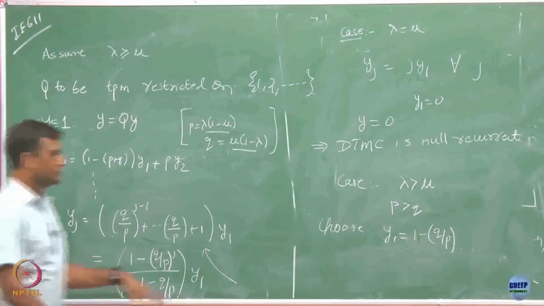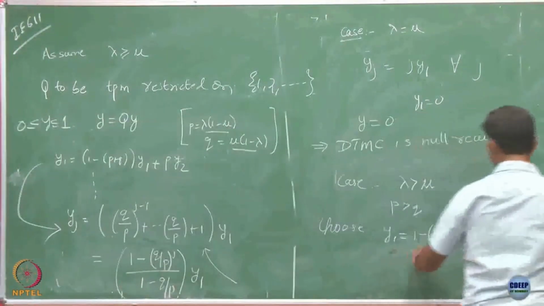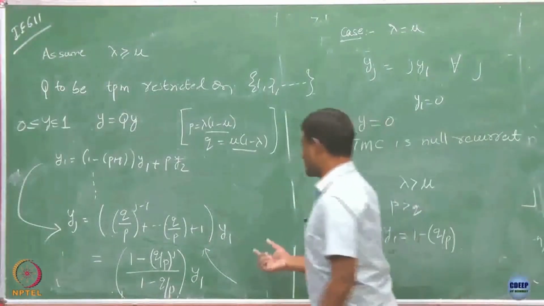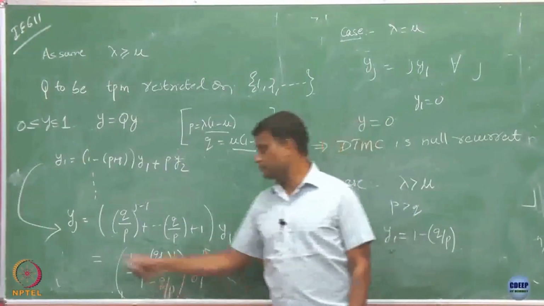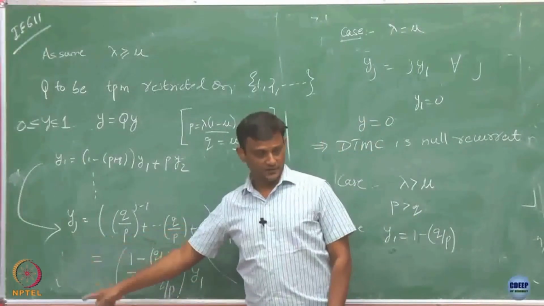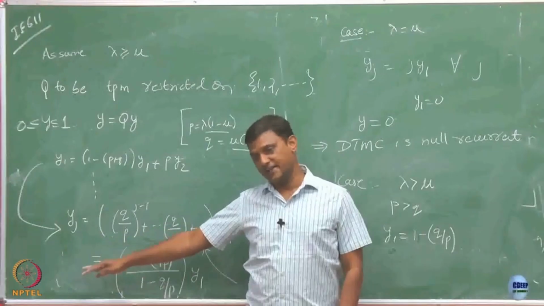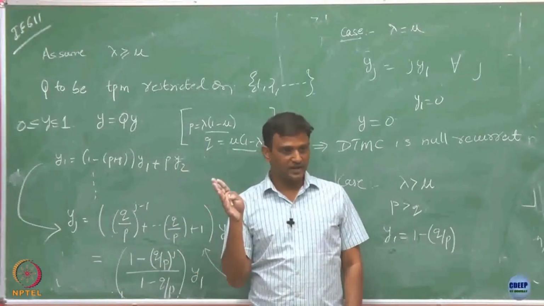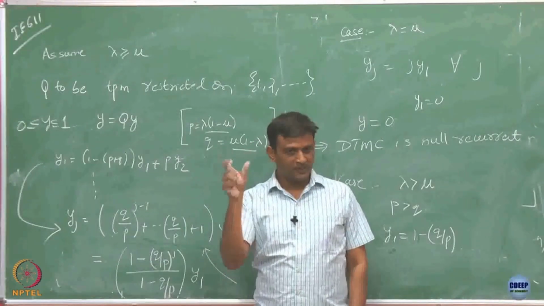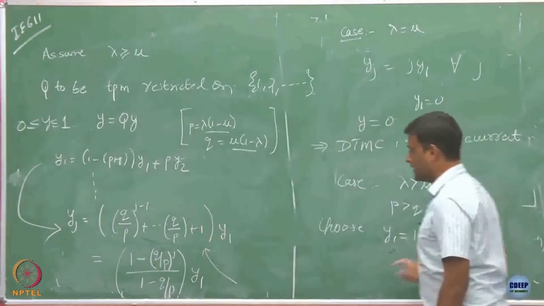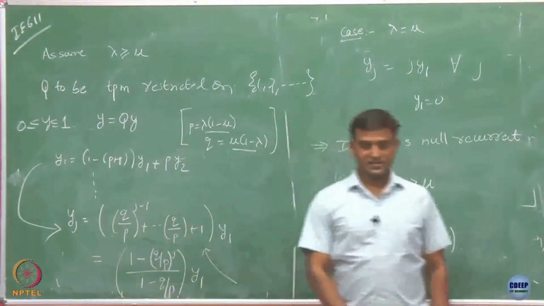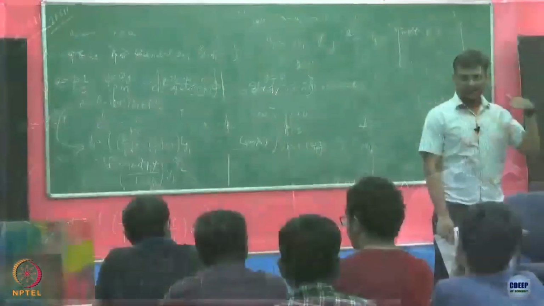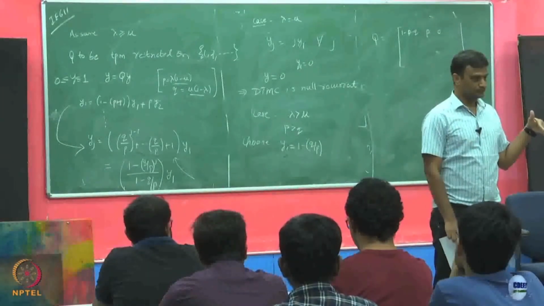If you start with this y1 equals 1 minus Q by P and plug back here, you get the yj's. Notice that here the yj's need not sum to 1, all we need is for the yj's to be between 0 and 1. So if you start with this y1, you will end up with all these yj's which are positive, and they are all less than or equal to 1.